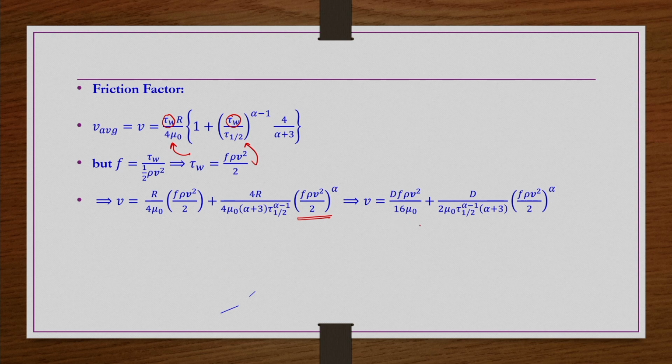Now the next step, I am trying to write this expression with R also in terms of D by 2, so that we can define the Reynolds number.